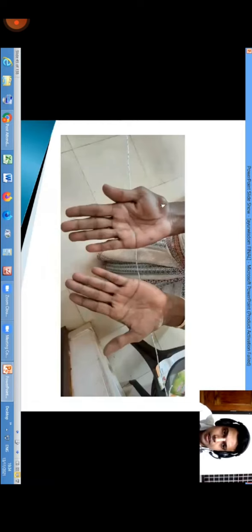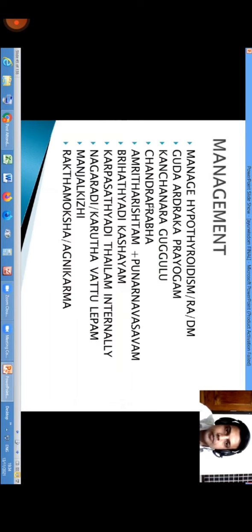In this picture, we can see the thenar muscle is wasting because of chronic carpal tunnel syndrome. Coming to management, manage hypothyroidism or rheumatoid arthritis or diabetes mellitus. Diabetes mellitus is an aggravating factor in carpal tunnel syndrome.